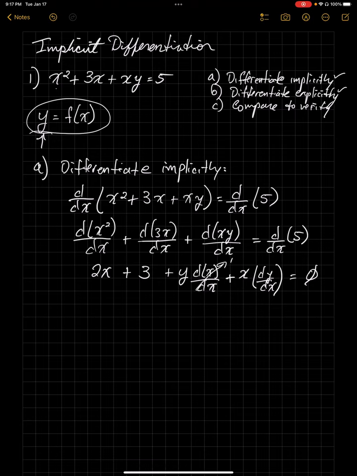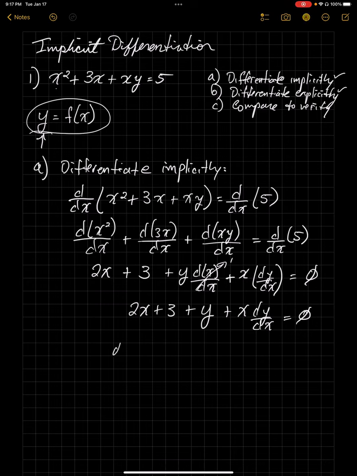And so we now have an expression where we have both the dependent function, y, and its derivative all embedded within the same expression. And so differentiating this implicitly is now just a matter of algebraic manipulation.